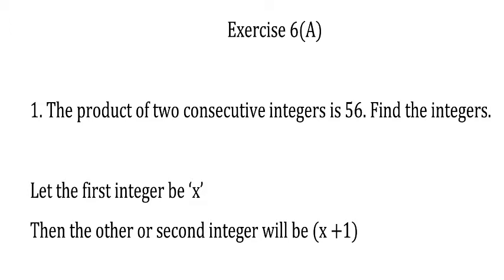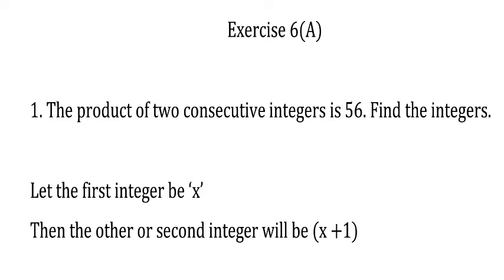In the question, it is given that the product of two consecutive integers. Product means the value obtained by multiplying any two numbers. For example, the product of 5 and 3 means 5 threes are 15. Consecutive means following continuously, an unbroken sequence.